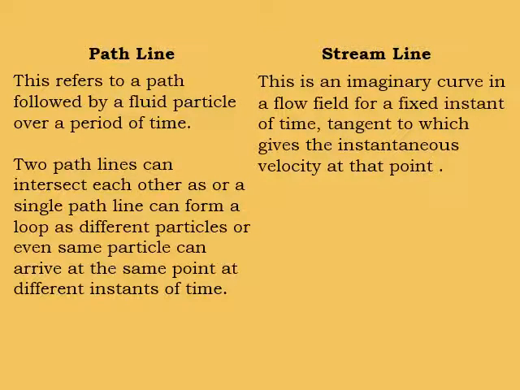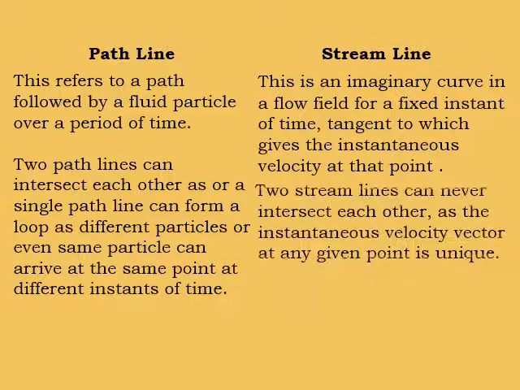Two path lines can intersect each other, or a single path line can form a loop, as different particles, or even the same particle, can arrive at the same point at different instants of time. Two streamlines can never intersect each other, as the instantaneous velocity vector at any given point is unique.